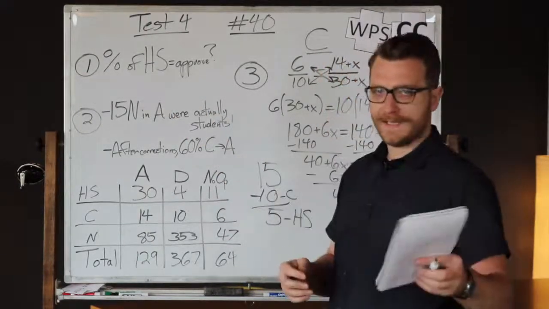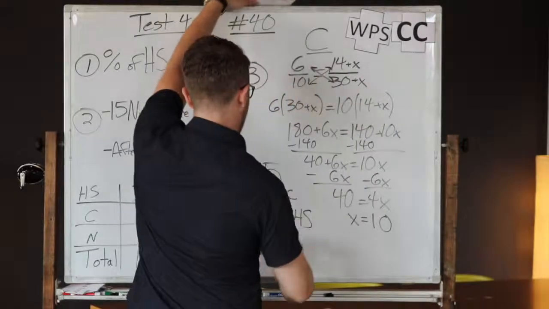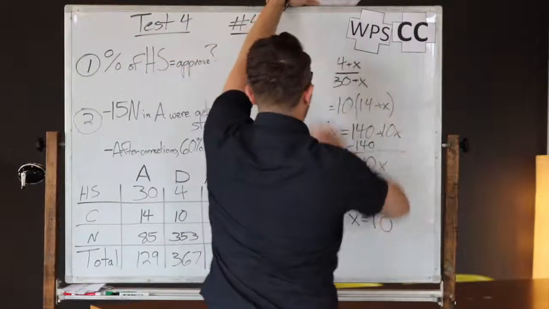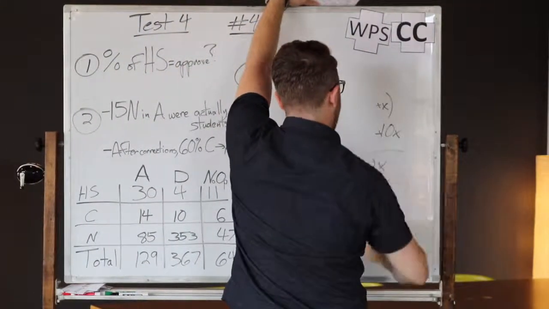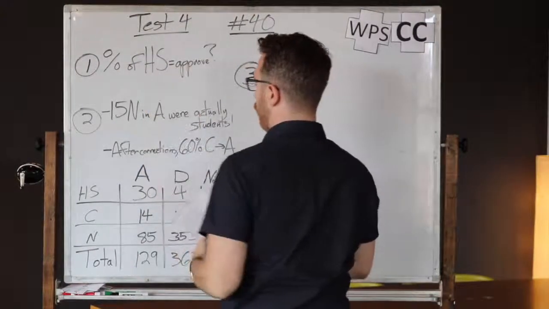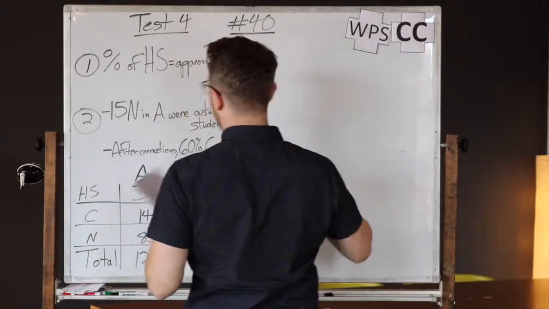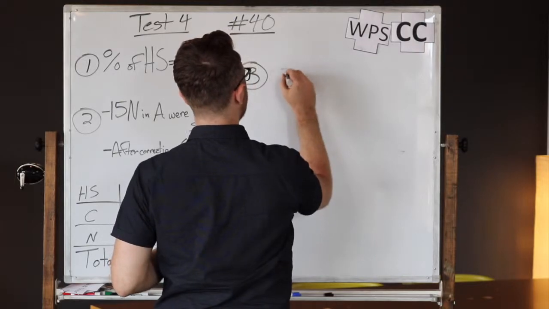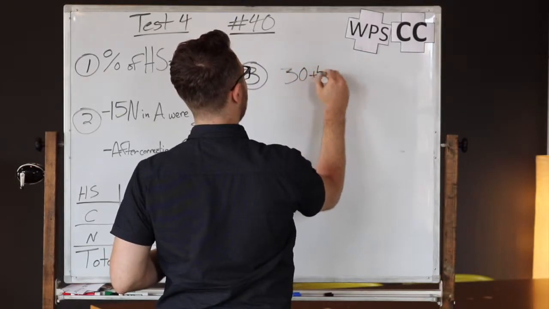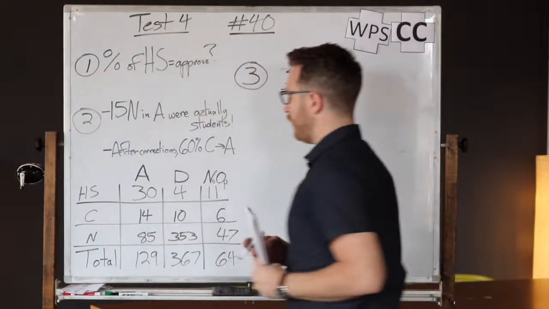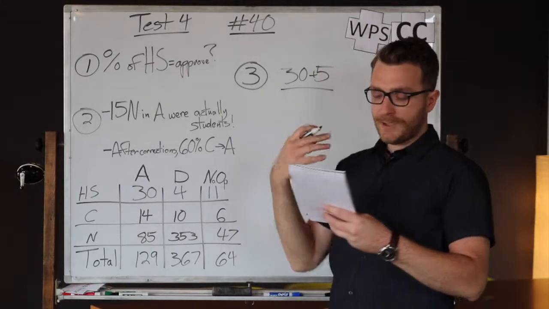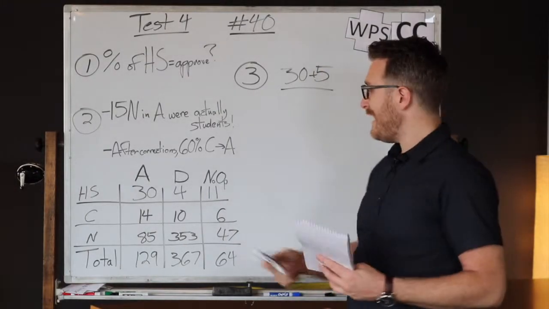Let me do a little bit of erasing, and I'm going to get a little bit more room so that we can quickly figure that out. So I know there are 5 high school students who approve. Now, I already have 30 high school students who approve, and I'm going to add 5 to it. Now, if I want to find the percentage, I also need to know what is the total number of students in all.